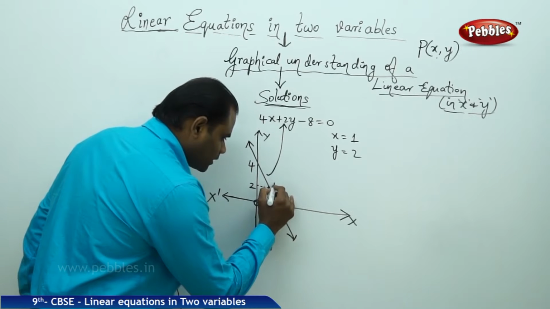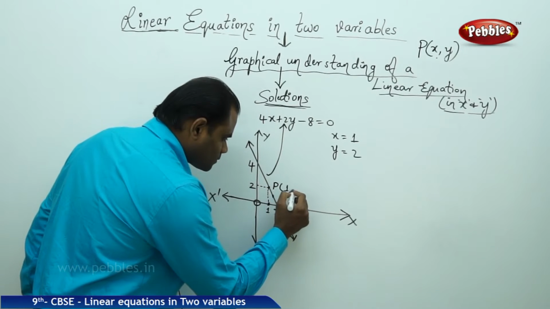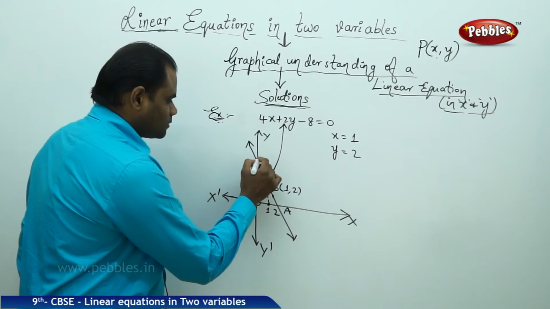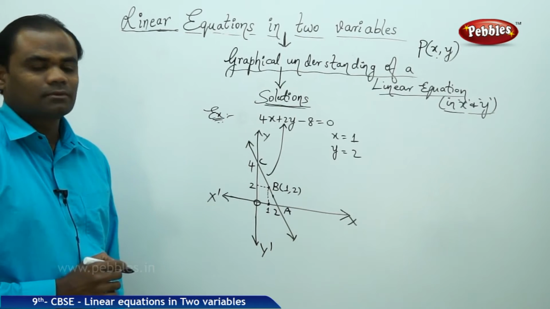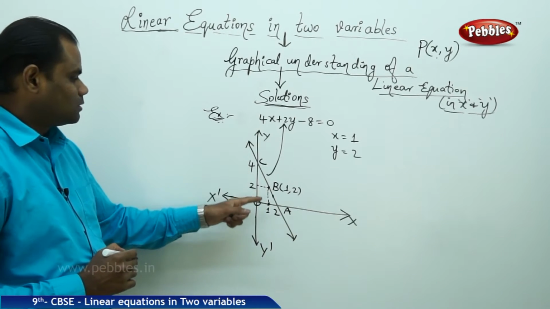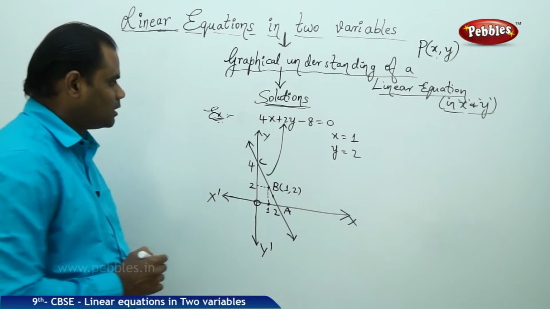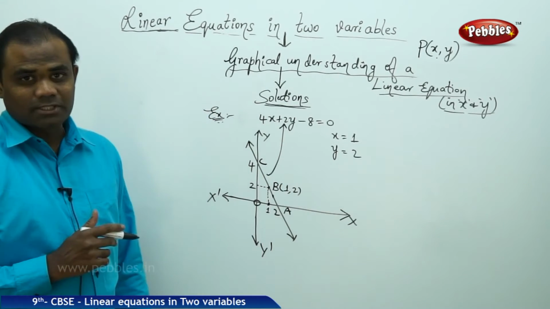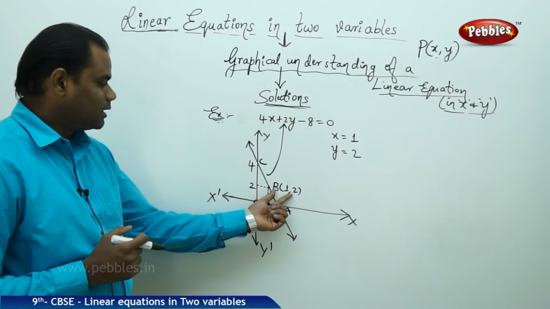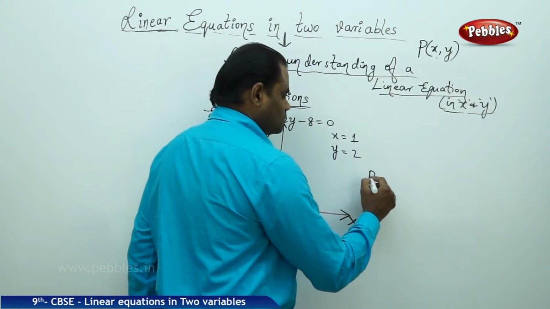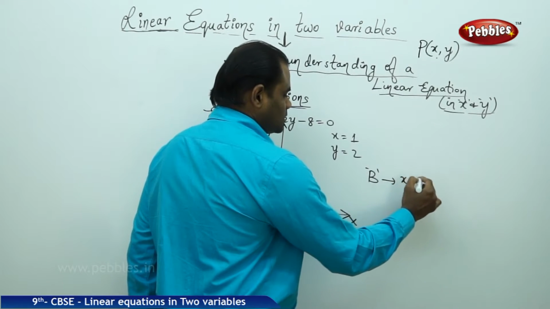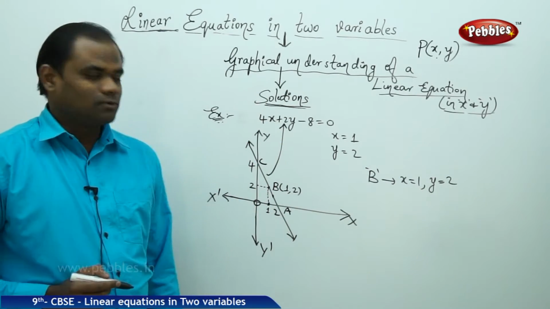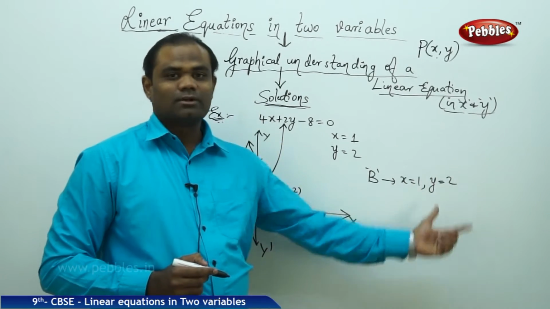Therefore, this coordinate is (1, 2). This is A and this is C. So let's see how we can find the solutions. One of the solutions, which is identified to be B, is with x equals 1 and y equals 2. So one of the solutions is x equals 1 and y equal to 2.